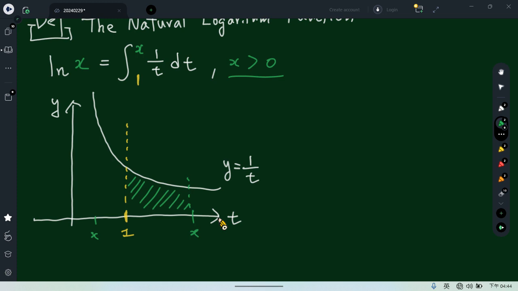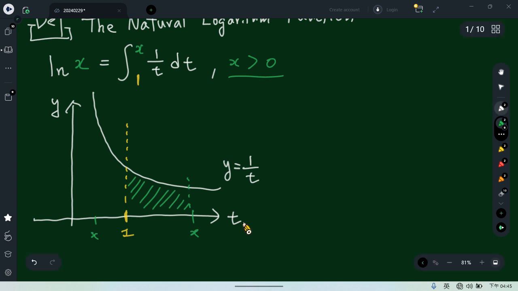When the integrand is a positive function, the integral is equivalent to the area of the function above the x-axis. Earlier the integral could be positive or negative because the function dropped below zero and the parts cancel each other. But when the function is positive, it is just calculating its area. So we can regard it as the area under this curve and above the x-axis, starting from 1 and ending at x.